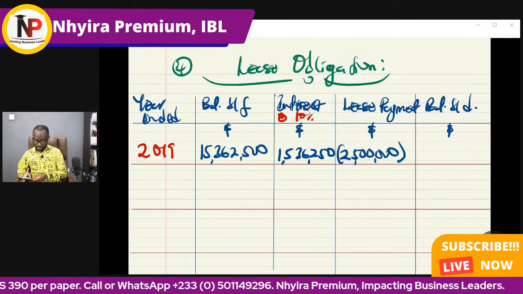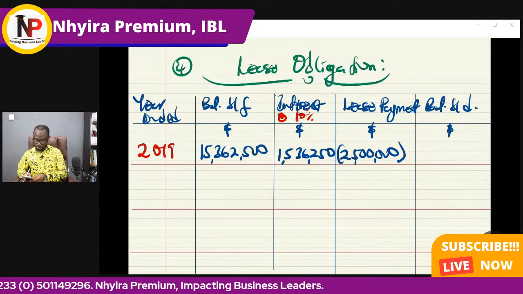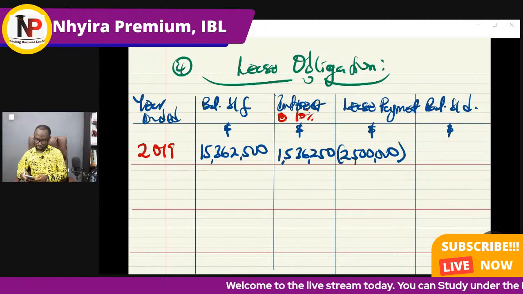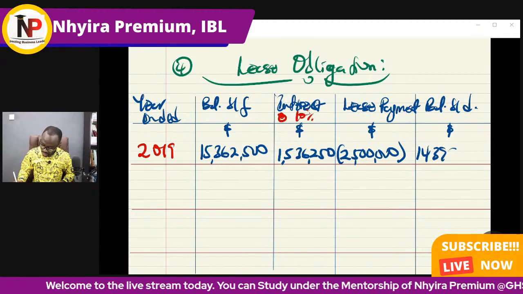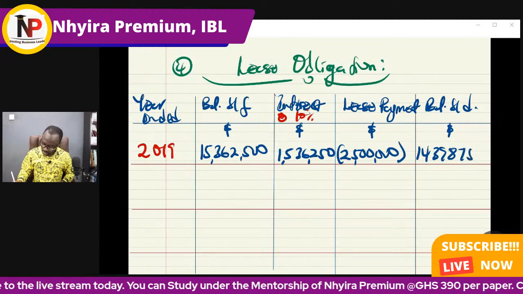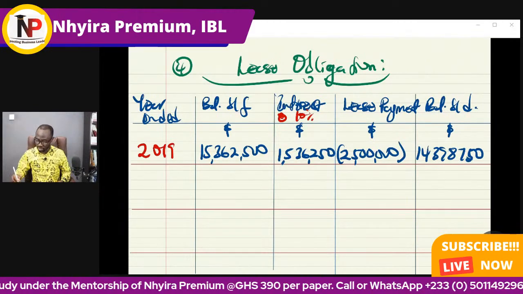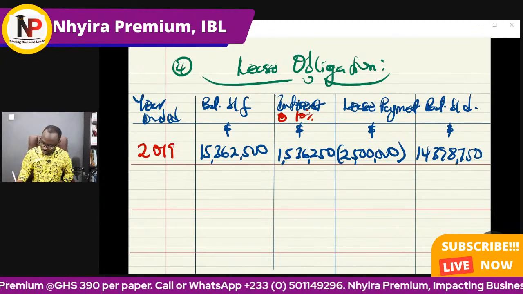So 15,362,500 plus 1,536,250 minus 2,500,000. So I'm getting 14,398,750.